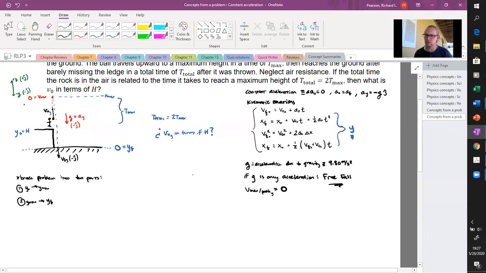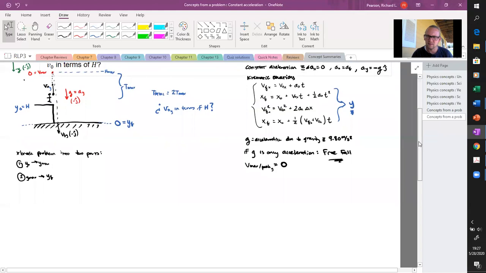Okay, so let's look at the first. So for the first part, for our number 1, we go from our y naught to our y max. We can write out all of the kinematic equations. So let's do that. In this case, we're going to have our v final be our v max.